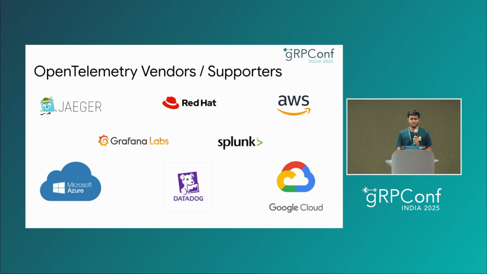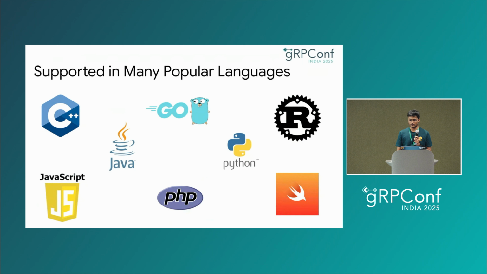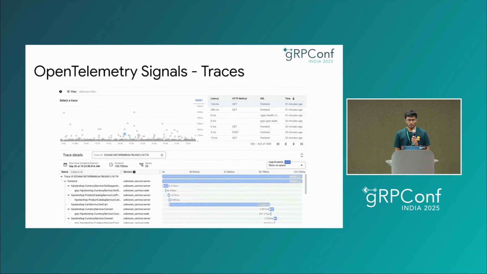There are a lot of major popular solutions available on the internet which support OpenTelemetry, with support in many popular languages. All these languages and vendors are taken from the official OpenTelemetry website. You can check them.